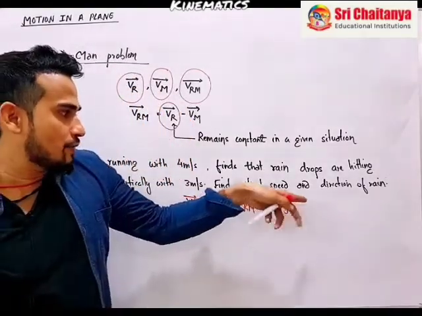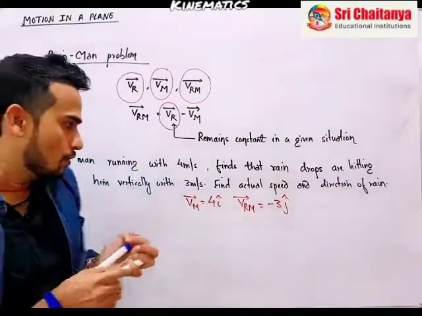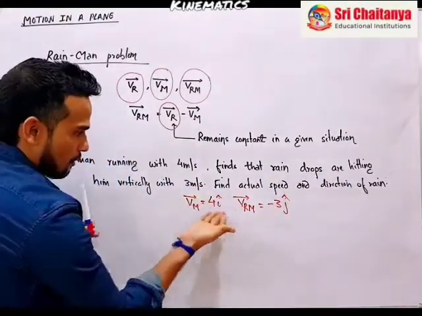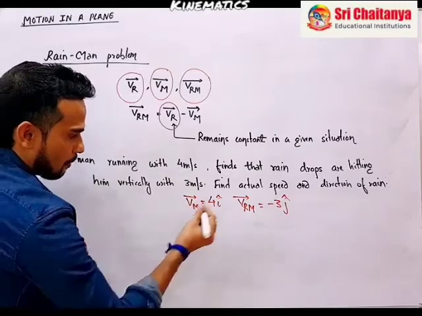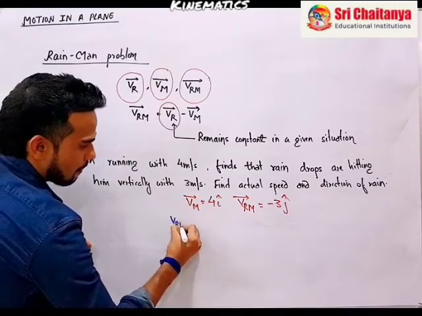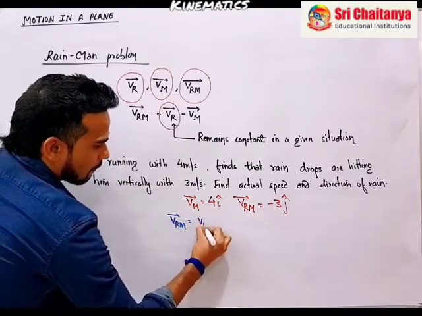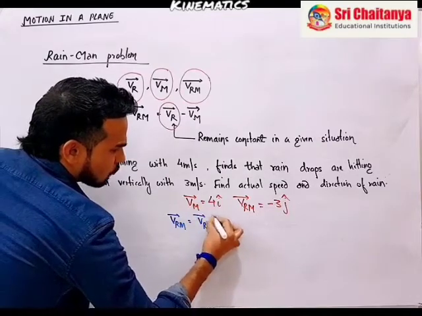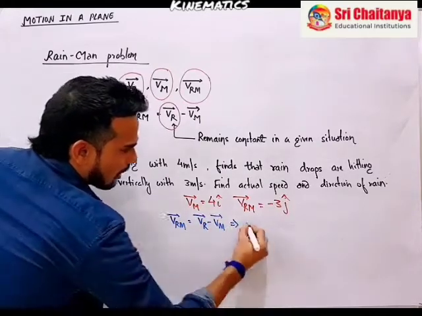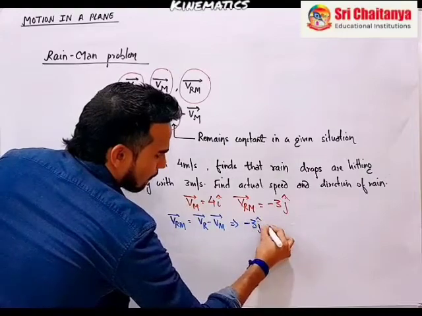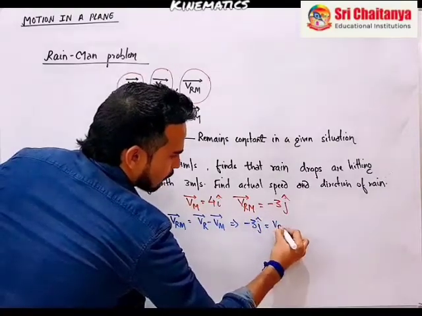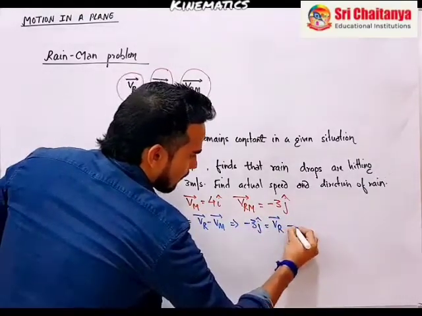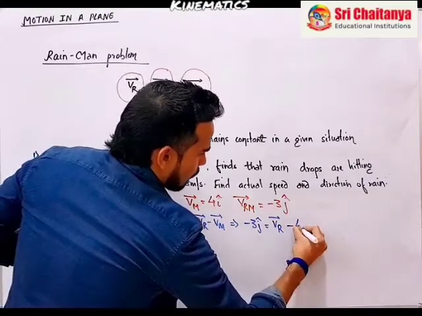Now they are asking for the actual velocity and direction. VRM is known, VM is known, so we can find VR because we know the relation: VRM equals VR vector minus VM vector. VRM is minus 3 j cap, which equals VR minus VM, and VM vector is 4 i cap.